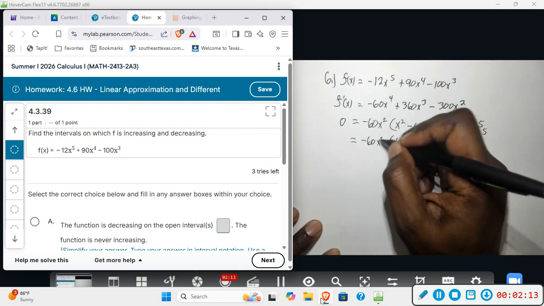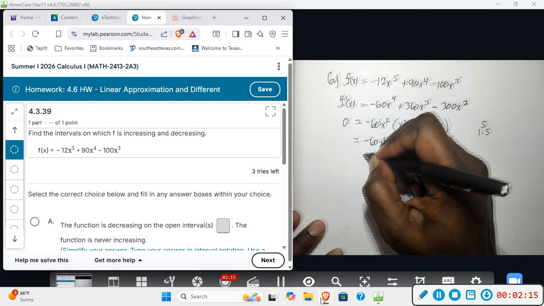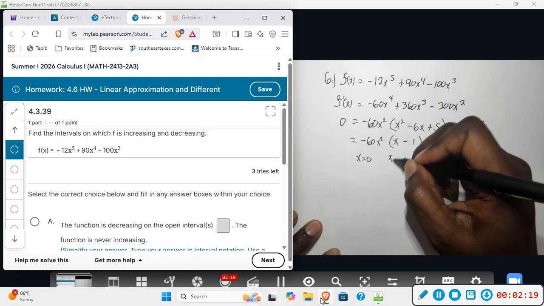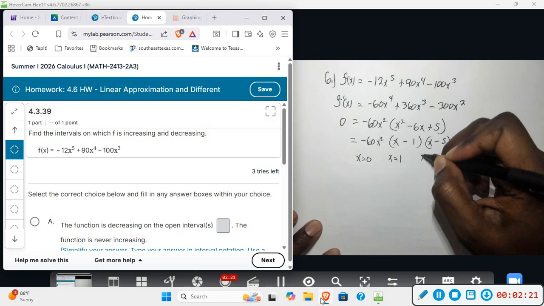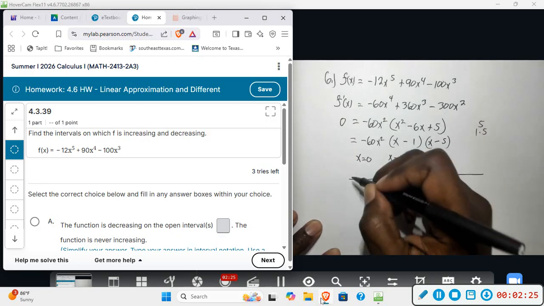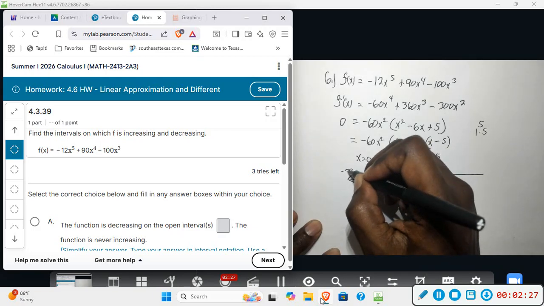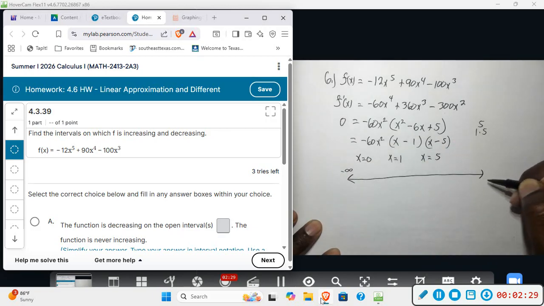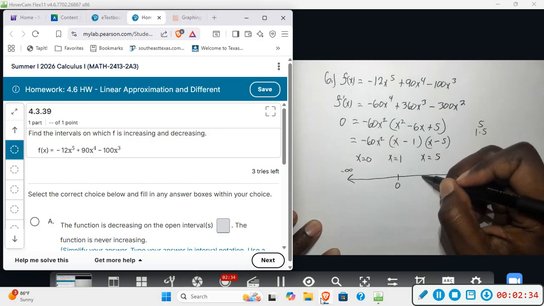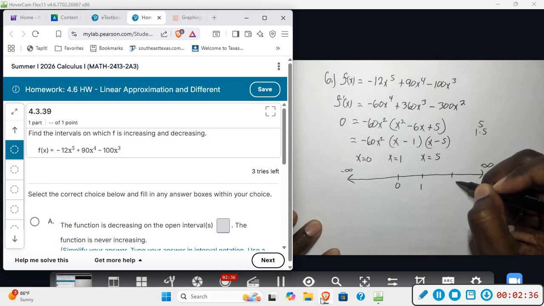Okay, so from here we'll get critical values. X equals 0 from this. X equals positive 1 and x equals positive 5. All right. Make a number line. Negative infinity to positive infinity, and we'll put 0, 1, and 5.